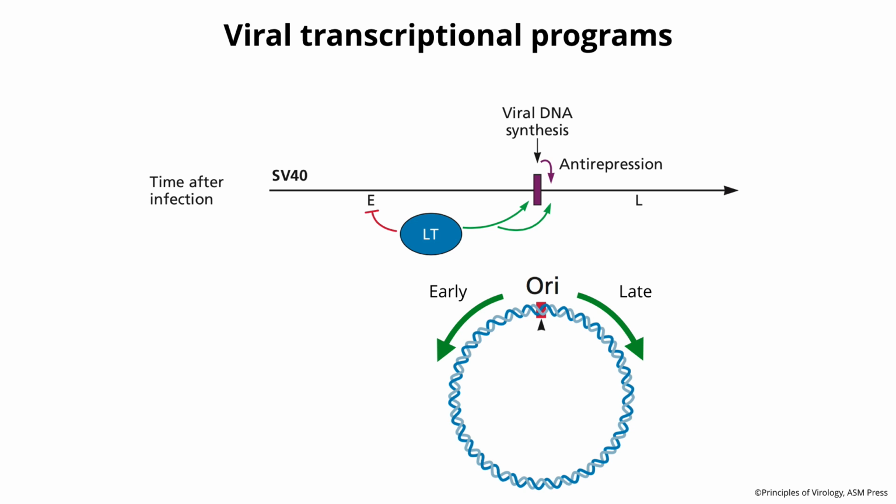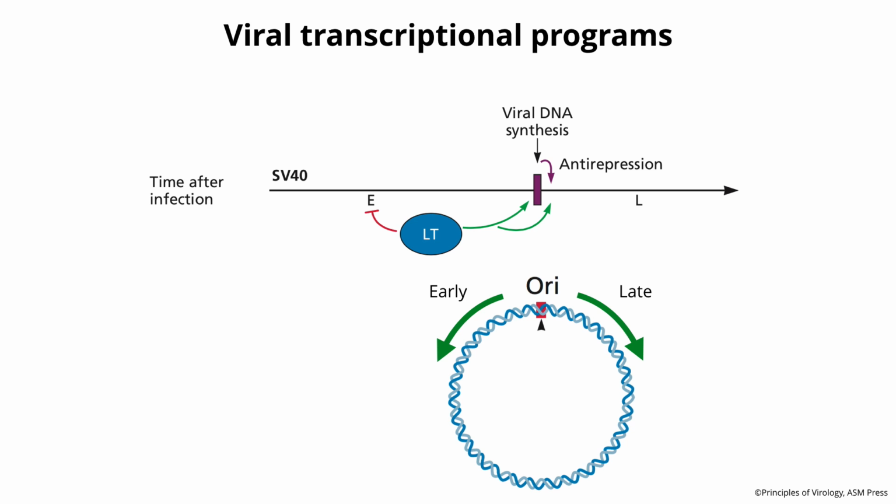Only early, and one of the main proteins made early is shown here in blue, LT, large T antigen, or sometimes people just write it as a capital T. T stands for tumor. This was discovered because it was associated with tumors.